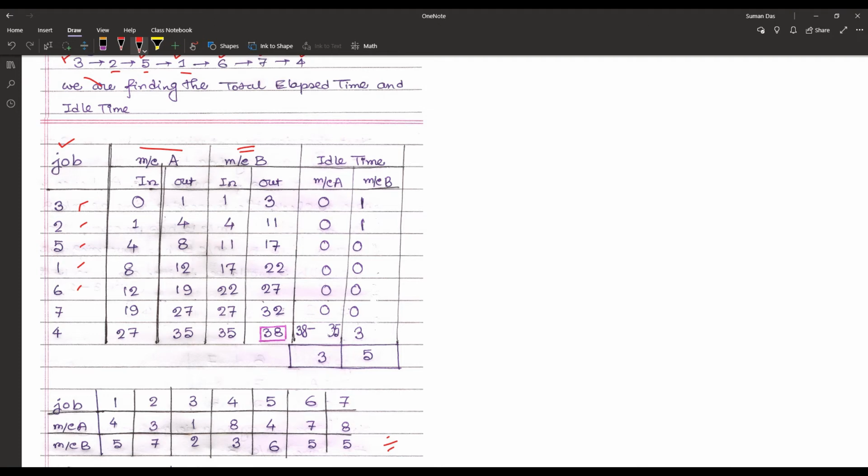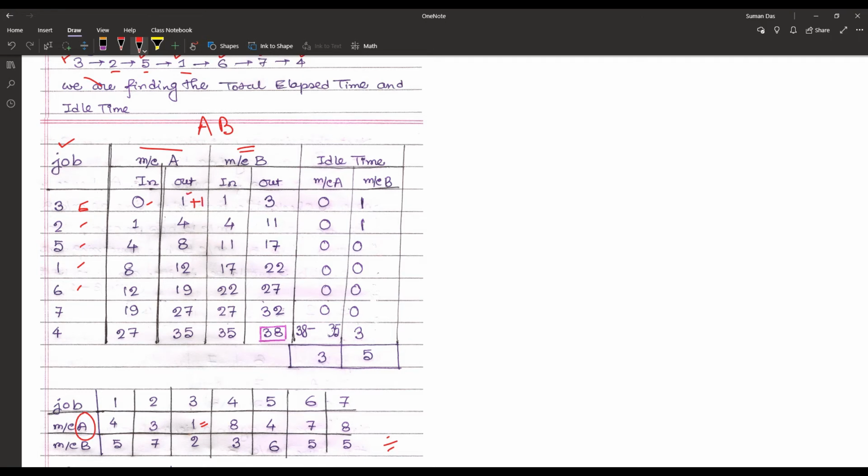As the order is AB, we start from the initial condition, suppose that is 0. Then check job number 3. For machine A, the processing time is 1. So it starts from 0 and ends at 0 plus 1, that means 1.